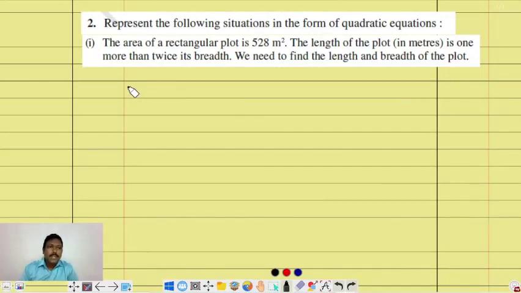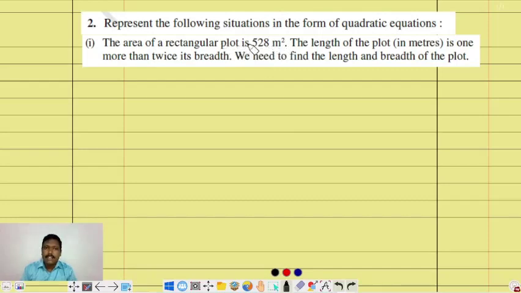Now question number 2 of exercise 4.1. Represent the following situations in the form of a quadratic equation. So first question, the area of a rectangular plot is 528 meters square.